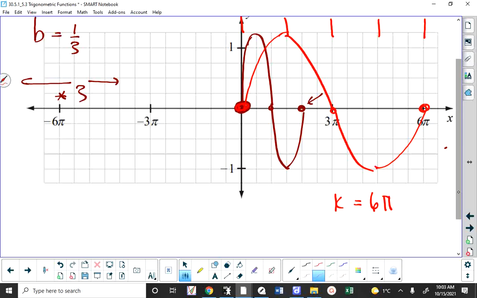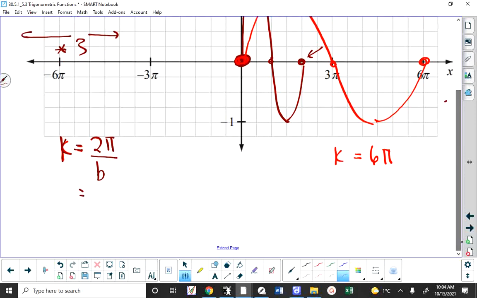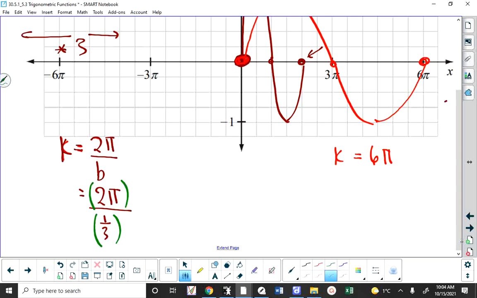What is b? b is a third. And I've told you that the period is 2 pi over b. Okay, what does that give us? 2 pi over a third, which is a complex fraction, and the best way at this level to clean up that fraction is to multiply the top and the bottom by any pesky denominator that you don't want to see there.